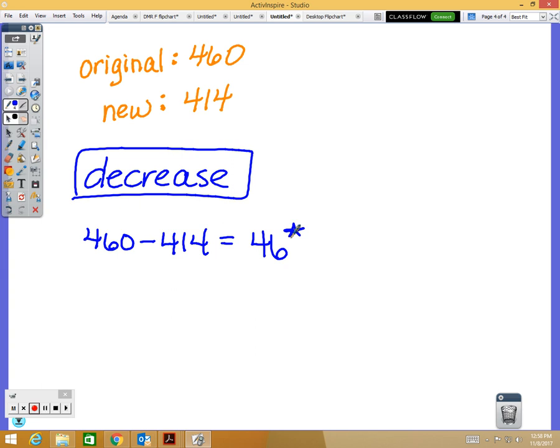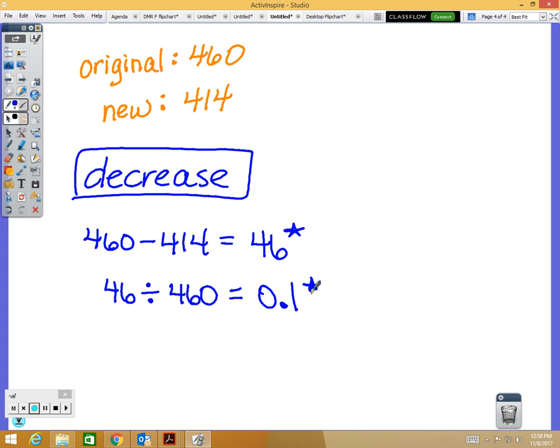Next thing you should have done is taken that difference of 46, and divided it by the original amount. So the original was 460. When you do 46 divided by 460, you should have ended up with 0.1. If you got that, give yourself a star. You got the second step right.